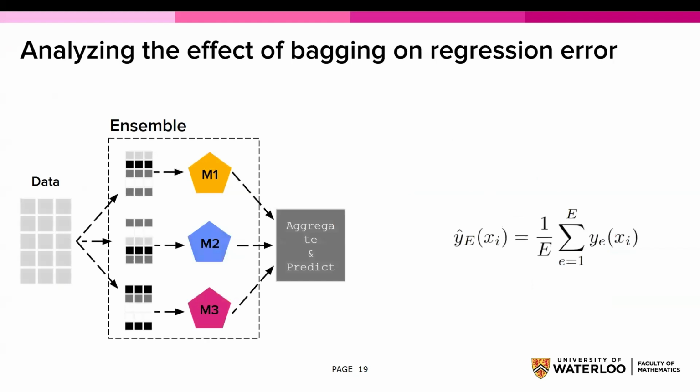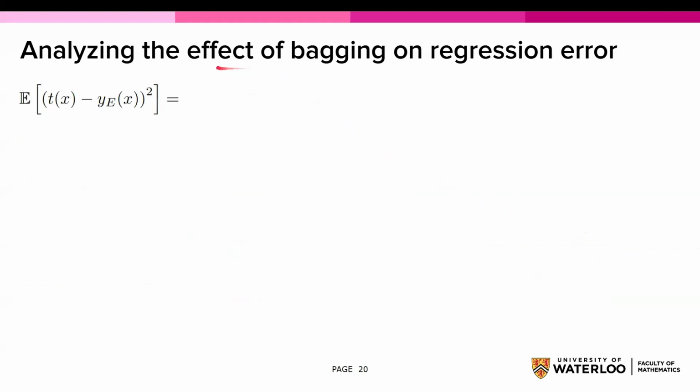Okay, so we've computed the error for a single base model, but what about the ensemble? Recall that for this regression problem, we're interested in an ensemble that returns the average prediction across base models. If that's the case, then we're looking at the expectation of the squared error, which now grows with the difference between the target t and the ensemble average prediction.